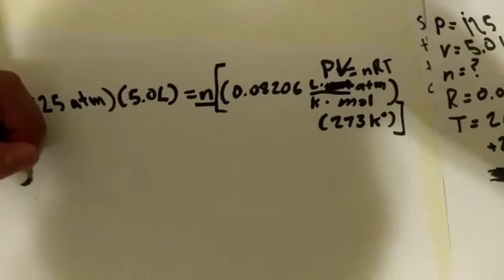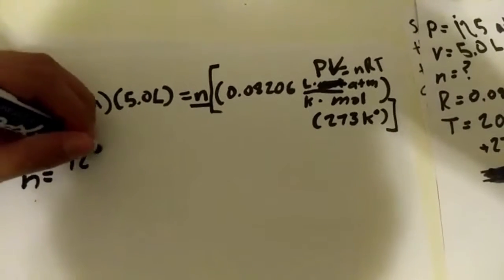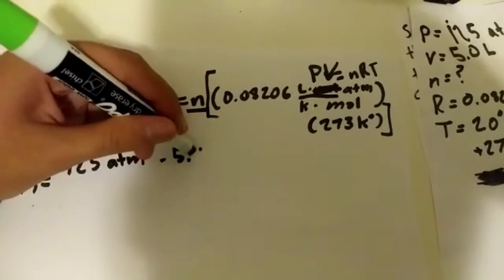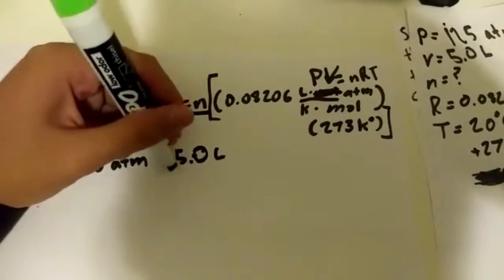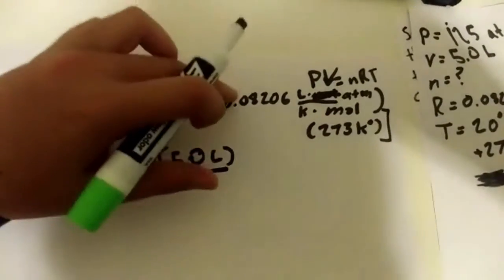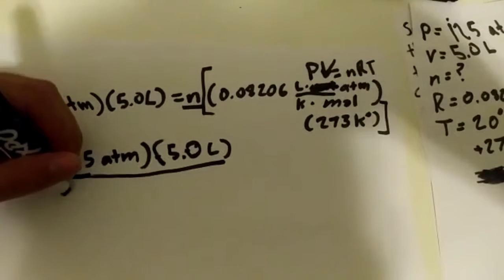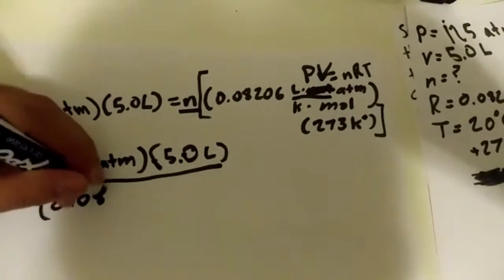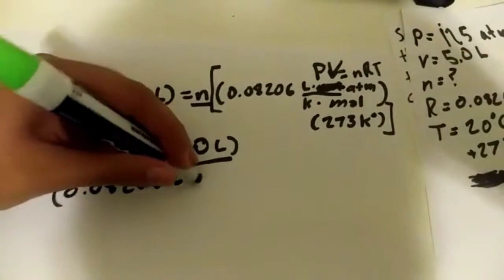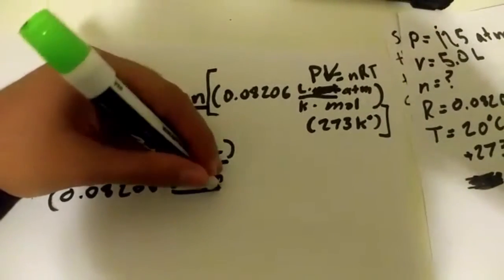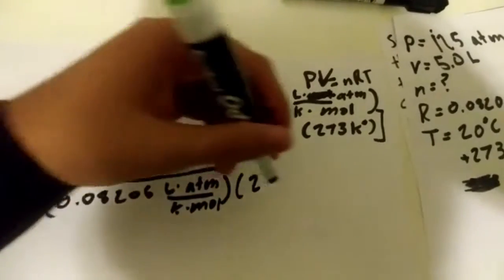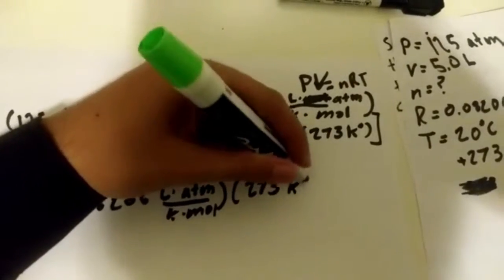So let's do that. n equals 125 atm times 5.0 liters, and that's over this whole thing right here, 0.08206 liters times atm over K times mole, times 293 Kelvin.